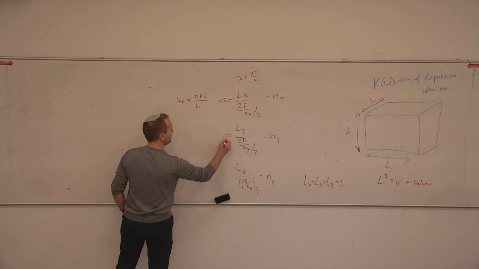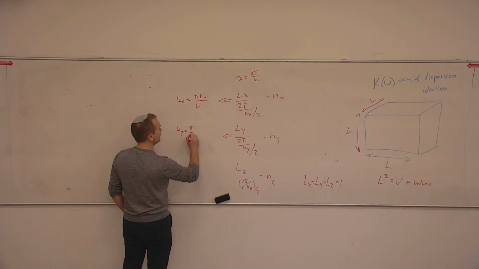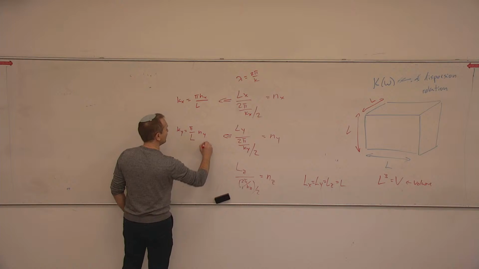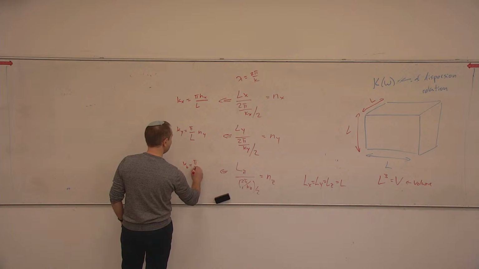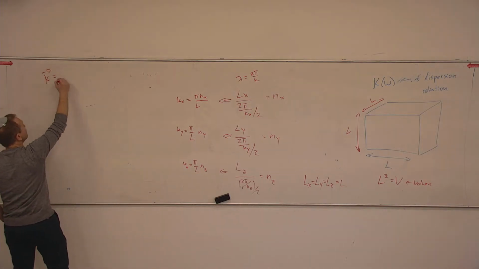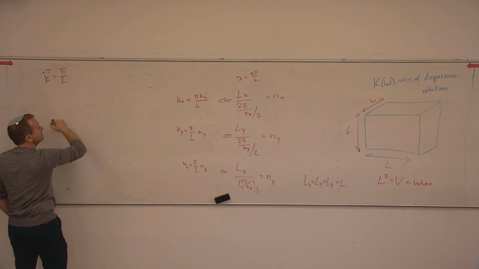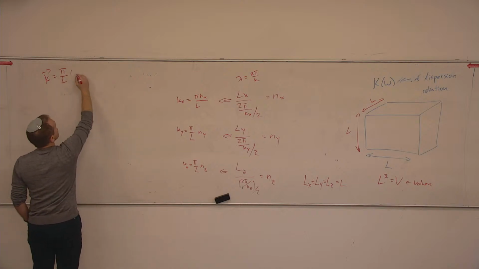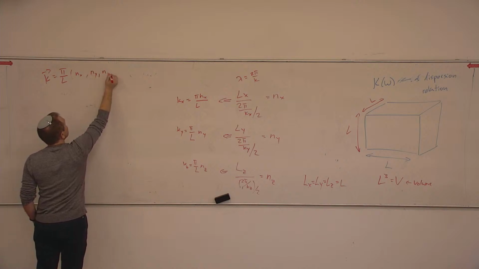From here I obtain that ky equals π divided by L multiplied by ny, and kz equals π divided by L multiplied by nz. In total, I write my k vector as π divided by L multiplied by nx, ny, and nz.